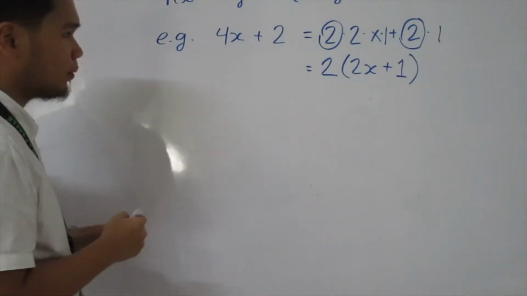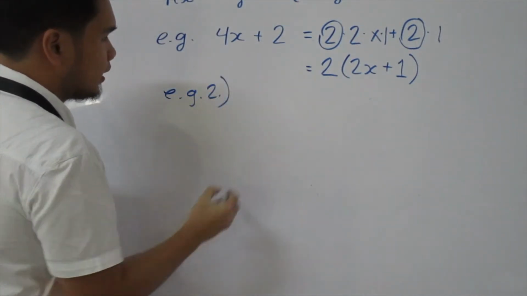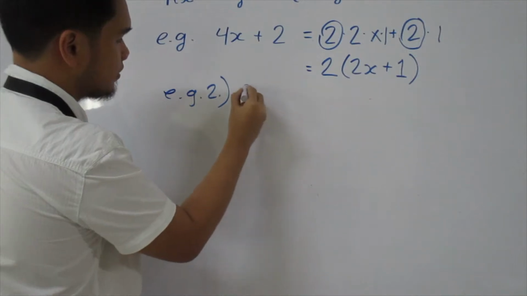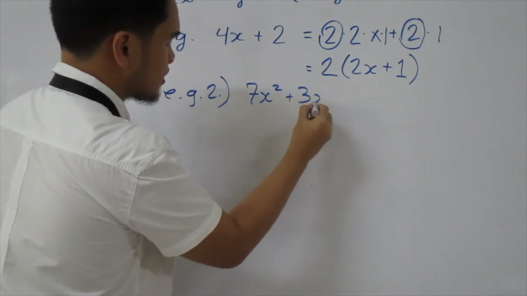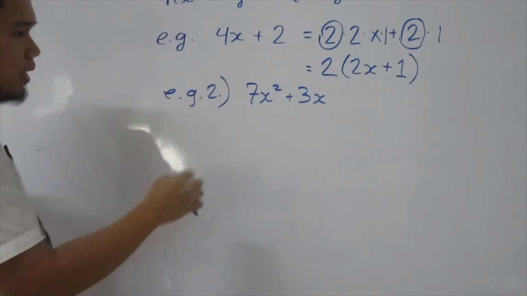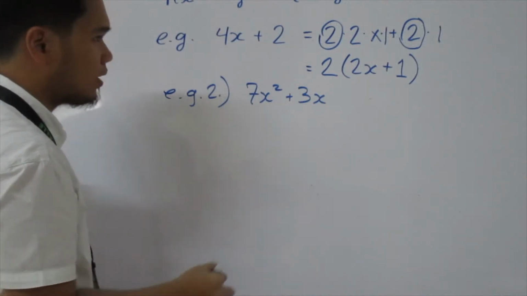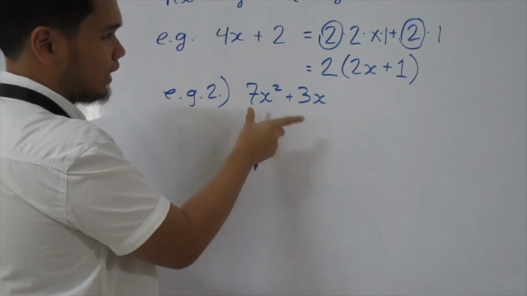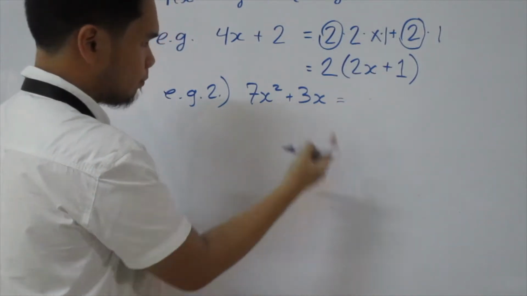To give you one more example, say we have example number 2: 7x squared plus 3x. Imagine we're going to get the common factor from each of these terms. To make things very clear, let's put it in this form, prime factorized.